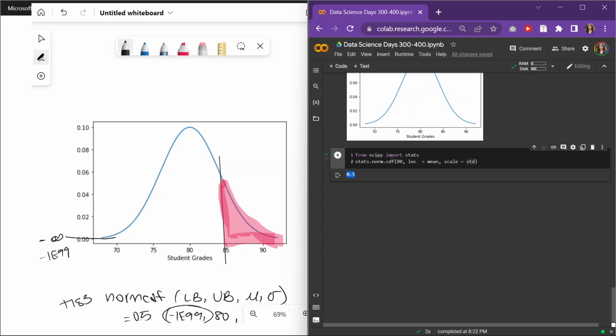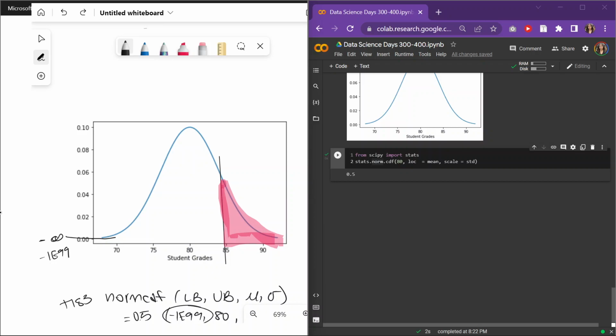And so we don't have infinity in our calculator, so we do negative 1E99. But in Python, the principle is that CDF calculates the proportion only below or to the left of a certain point. It never does higher. So it's a problem when we want to calculate the proportion of students who got greater than an 85, because CDF only calculates the proportion of students who got less than 85.